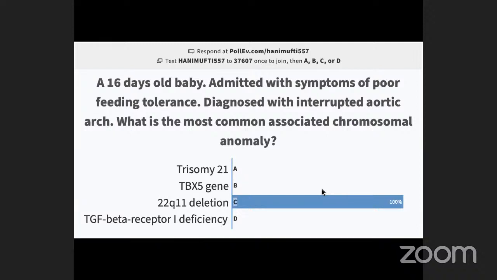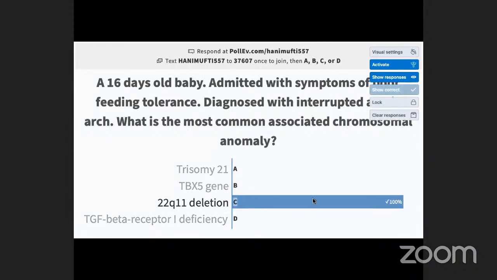This should be very fresh. Okay. Correct is 22q11 deletion.